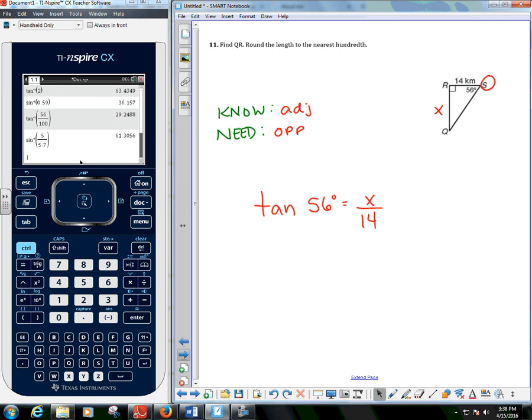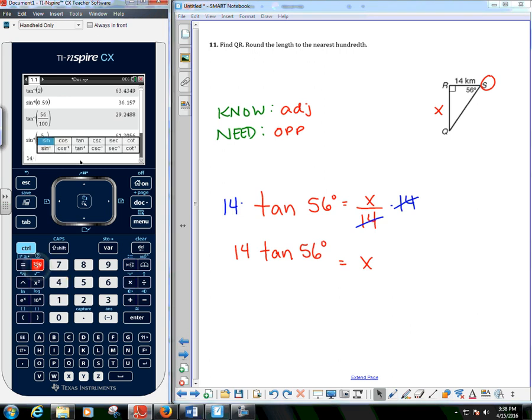From here, I multiply both sides by the denominator. This allows me to cancel out the denominator and get x by itself. So x is 14 times tangent of 56 degrees. Please write the 14 in front to avoid confusion on the calculator. So 14 times trig function tangent. Anytime I'm looking for a side length, I'm using sine, cosine, or tangent.